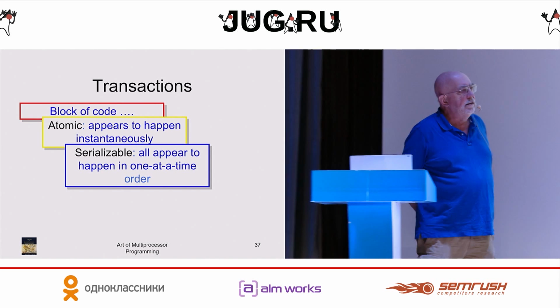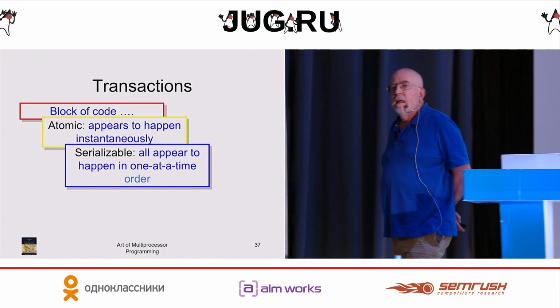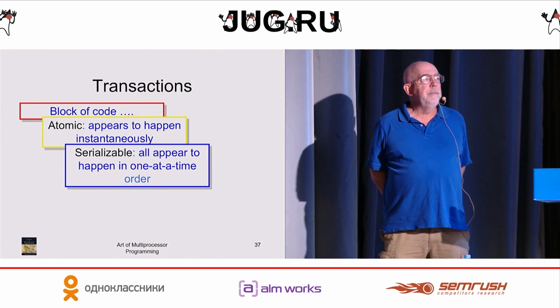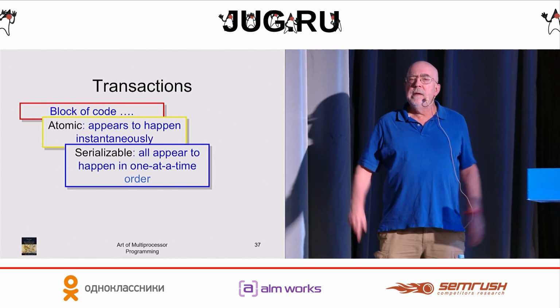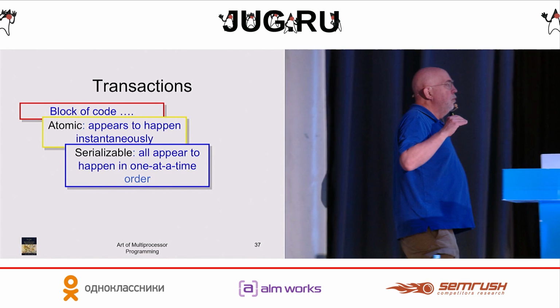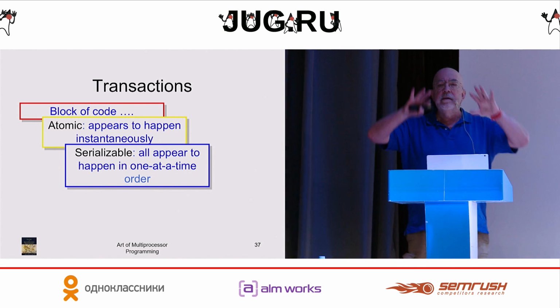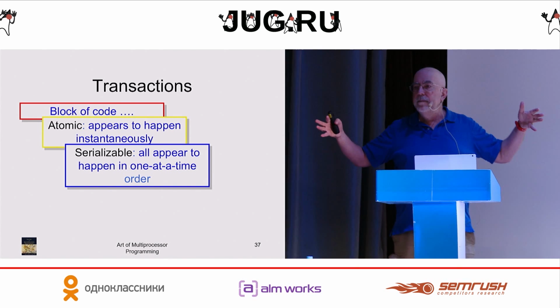One way to say this is that the transactions are serializable, in that it appears that all transactions happened in one-at-a-time order. Now, of course, this is an illusion because we try very hard to make sure that the transactions happen in parallel, concurrently.